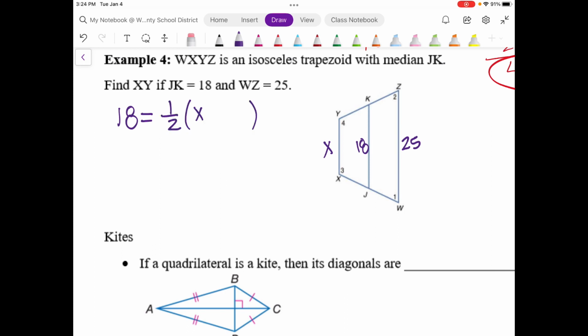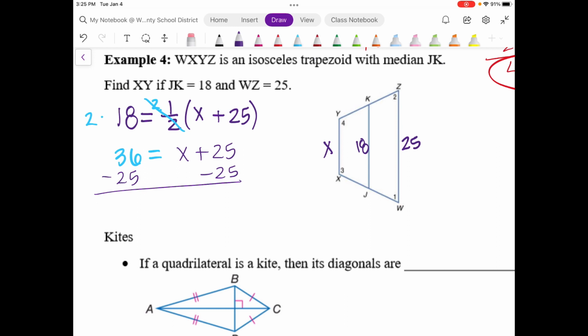My two ends are X and 25. To get rid of the 1/2, I'm going to multiply both sides by 2 so that it cancels. That leaves me with 36 on the left, X plus 25 on the right. I can subtract the 25 over, and that leaves me with 11 as my X value.